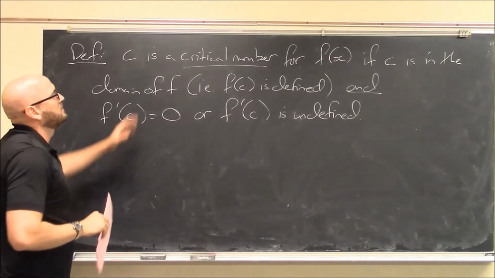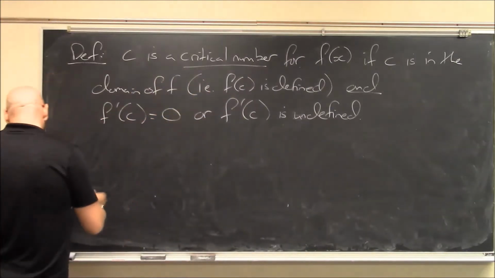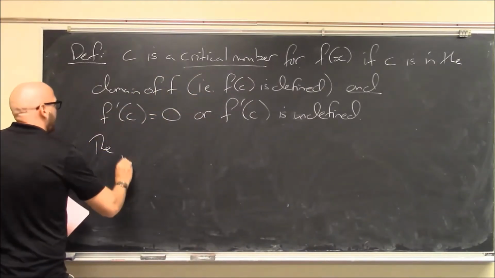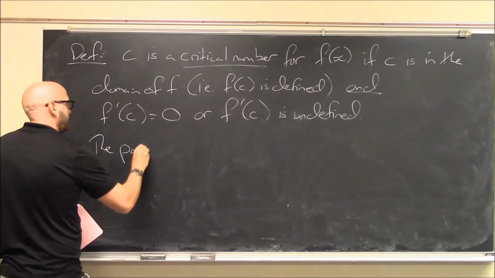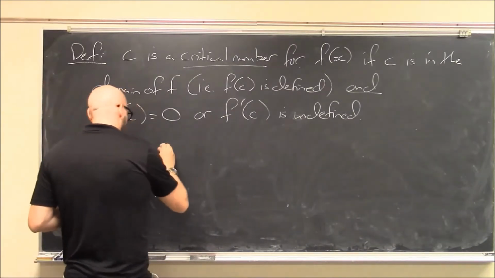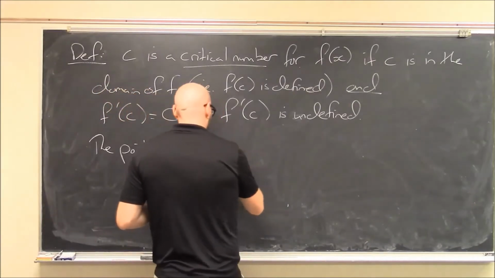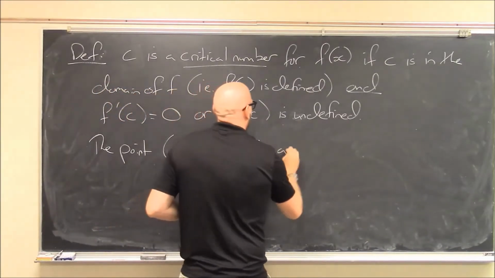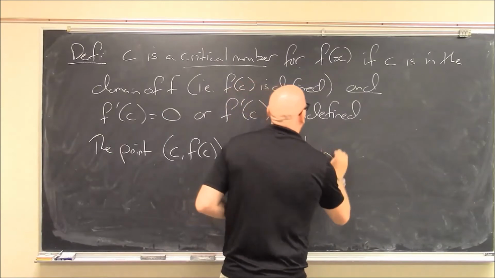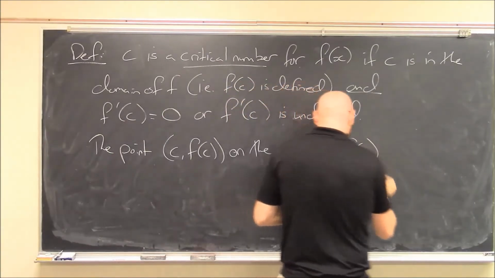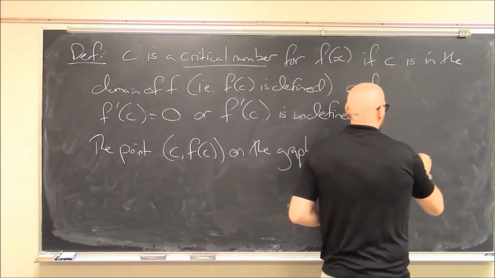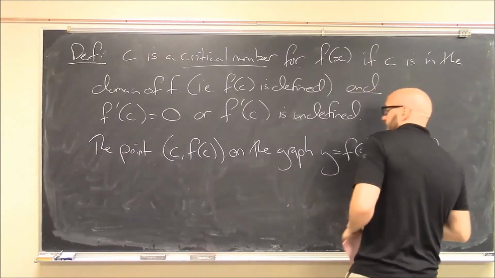People often talk about not just critical numbers, but critical points. So the point C, f of C on the graph y equals f of x is called a critical point.